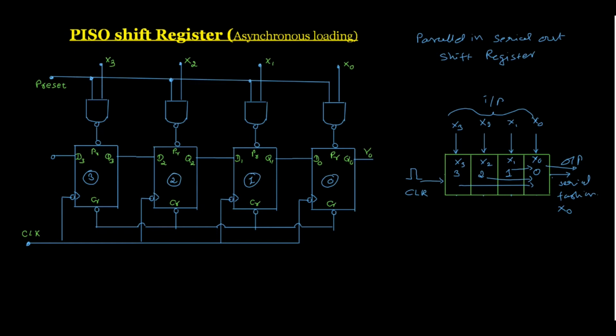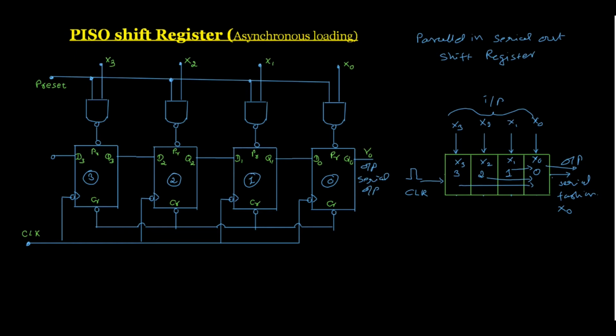You can see the output of flip-flop 3 is given to the input of the second flip-flop. Output of the second flip-flop is connected to the input of the first flip-flop, and the output of the first flip-flop is connected to flip-flop number 0. From this Q0 we have the output where the data are coming serially. So we have a serial output from Y0.